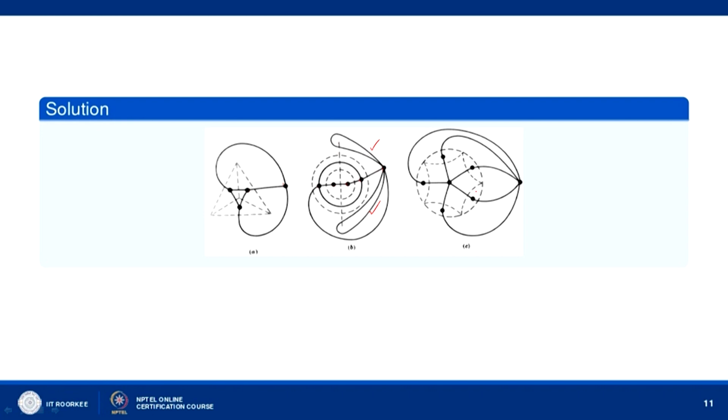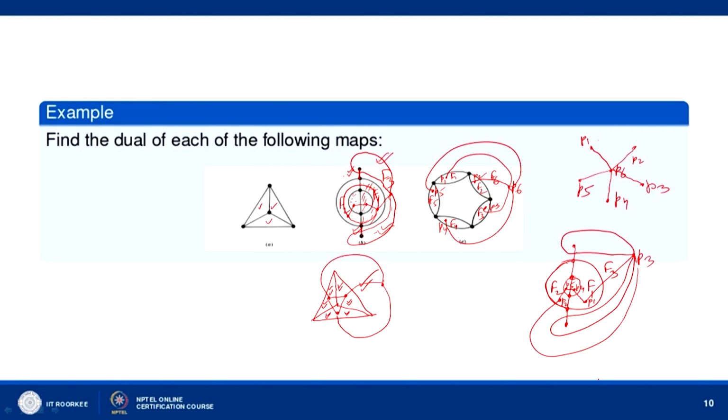So, we have this graph. This is P1, P2, P3, P4, P5 and this is P6. Yes, we have missed one thing. This is F6, we have F1, F2, F3, F4, F5, and this is F7, that one was F6.